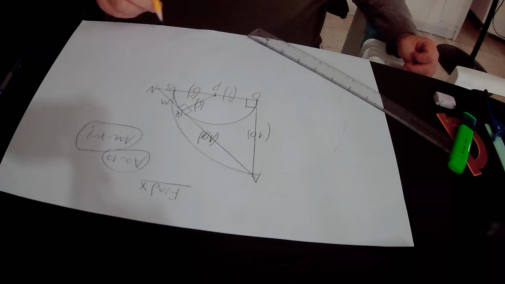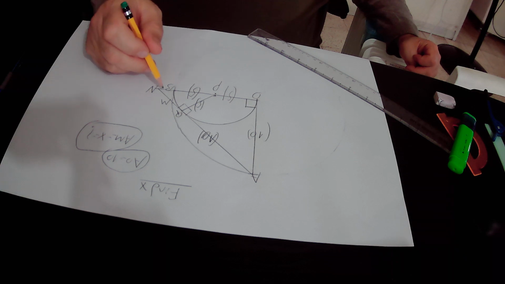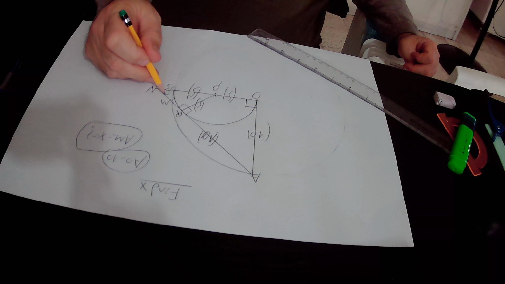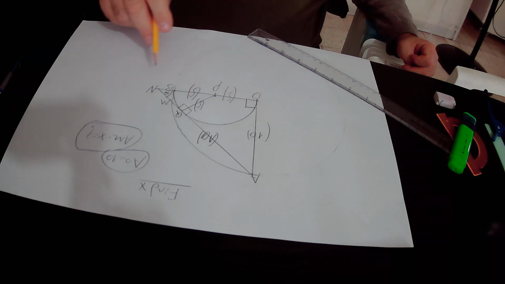So we define angle ANO of this big right triangle as theta. And we'll focus on the big right triangle, triangle AON.